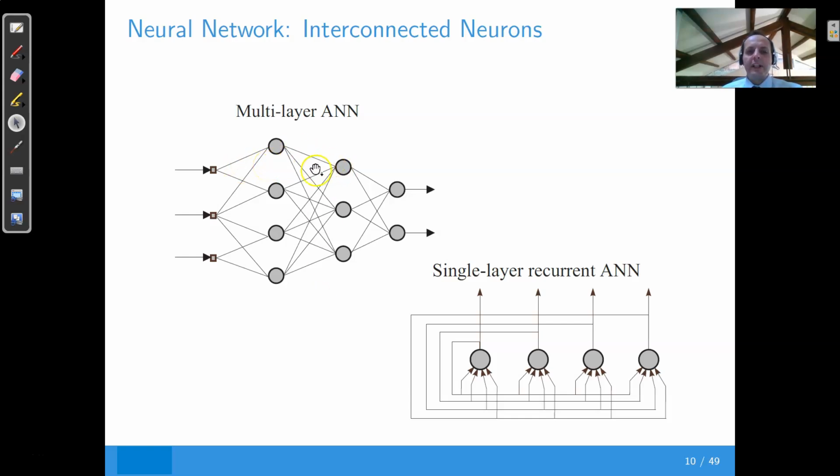For example, in the input layer and in the hidden layer, this neuron here in red receives the information provided by this neuron, this neuron, this neuron, and this neuron. When we say that they are fully connected, the output of a neuron goes to every neuron in the next layer.